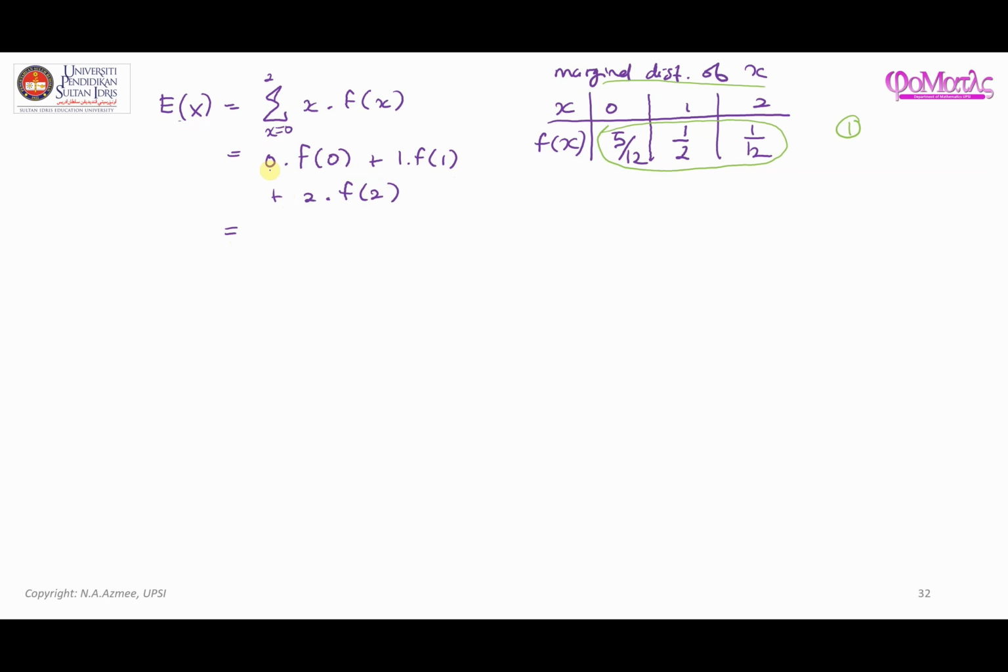The first term is 0, so we don't need to do anything. 1 times f(1) is 1 over 2, plus 2 times f(2), which is 1 over 12 times 2, giving 1 over 2 plus 1 over 6, and this is equal to 2 over 3.